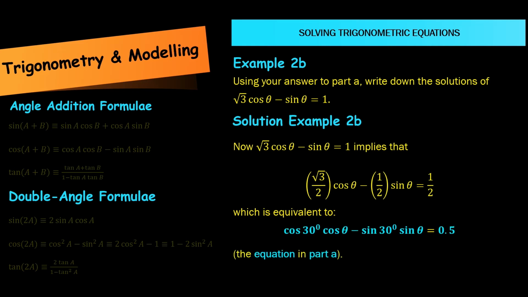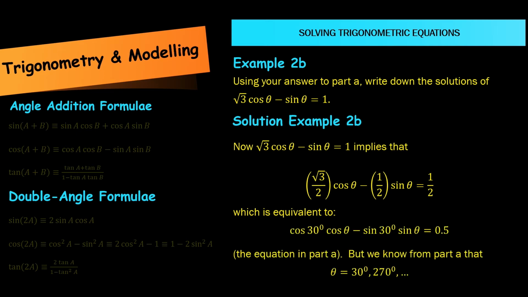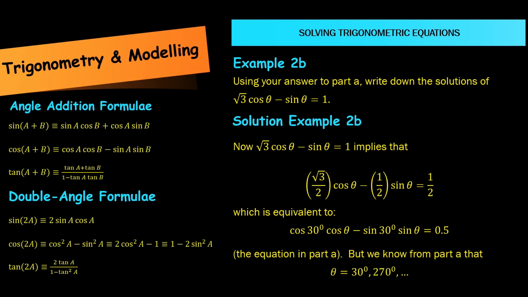And this is the equation in part A. However, we know from part A that theta equals 30 degrees and 270 degrees. And therefore we found our solutions to part B.